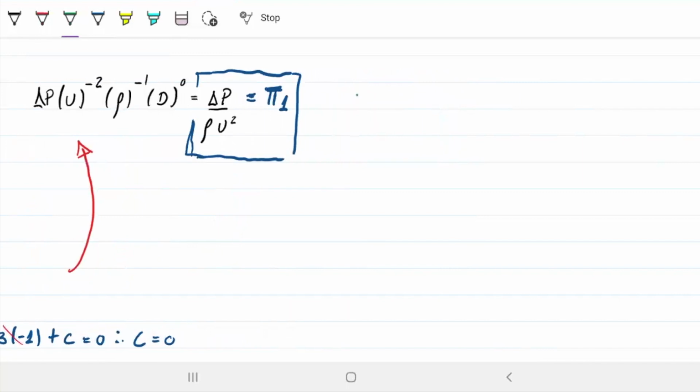We have newtons over meters squared for our pressure. And then on the bottom, we're going to have kilograms per meters cubed. Then we're going to be dividing by meters per second, and that's squared. So that's going to square on both sides here. Okay, so check out what happens. This guy takes away these guys.